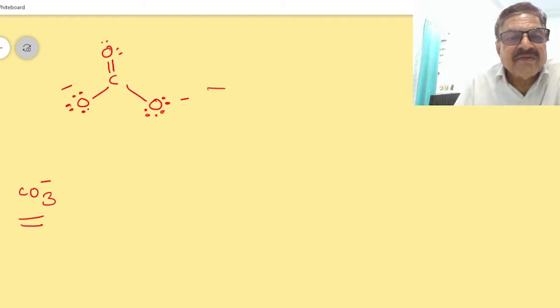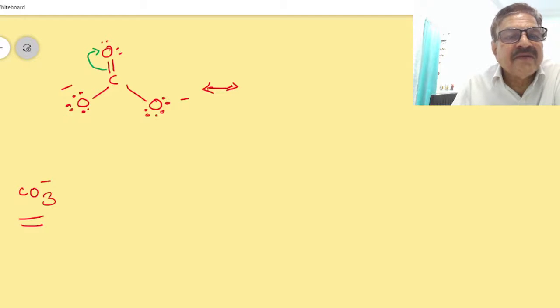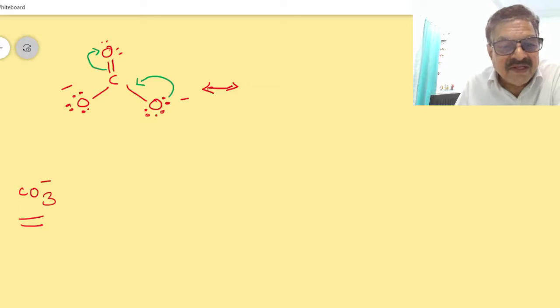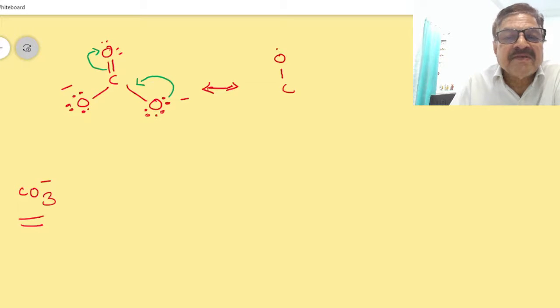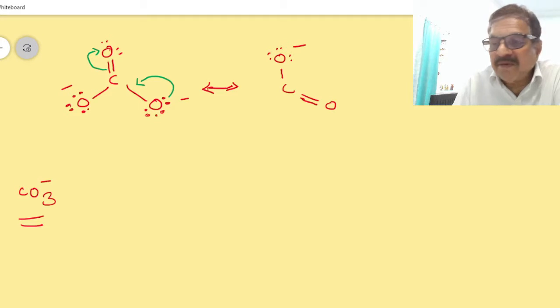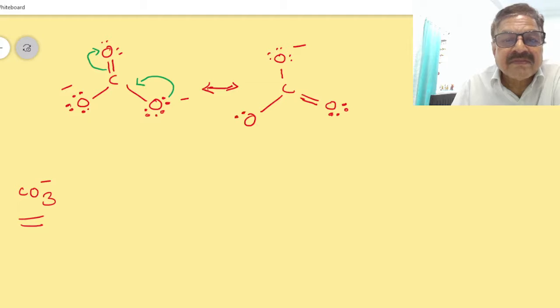Now we can draw 3 structures in this fashion. Now this will be migrating like this. We can show the electron like this. Then this lone pair will go like this. Correct? So we can draw another structure, where this carbon becomes minus. Then here there will be an oxygen double bond. Then this will remain the same, minus here.